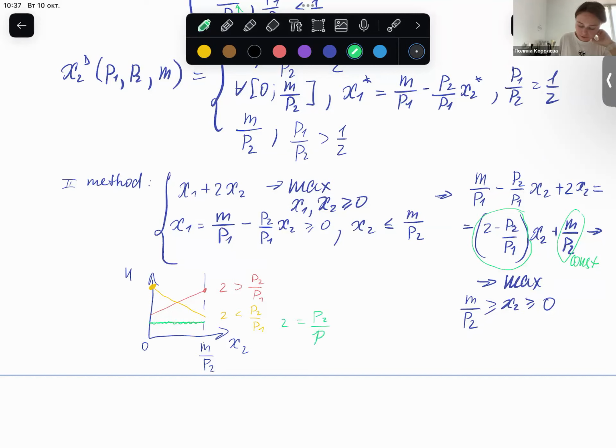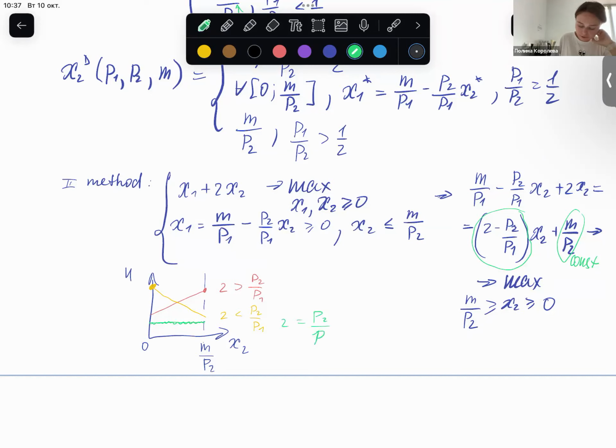And what do the indifference curves for perfect complements look like? If you don't know, let's find it. Indifference curve: we fix the level of utility.